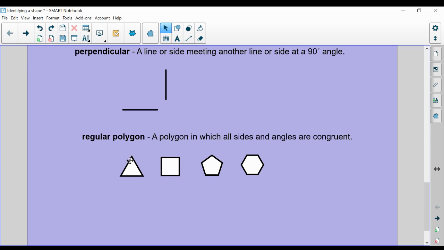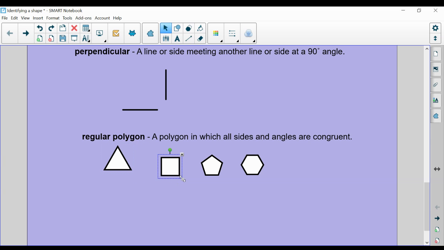So if you look at this triangle, it has 3 sides and they are all exactly the same length. It also has 3 angles with exactly the same angle measure. So even if this is a larger triangle, all 3 sides are the same and all 3 angles are the same. So this is a regular triangle.